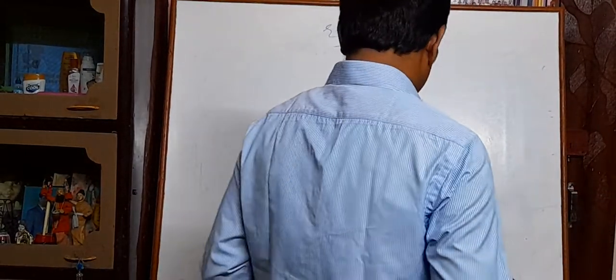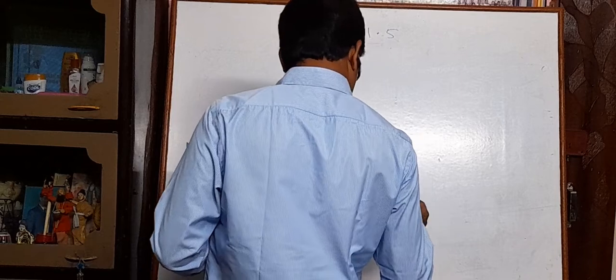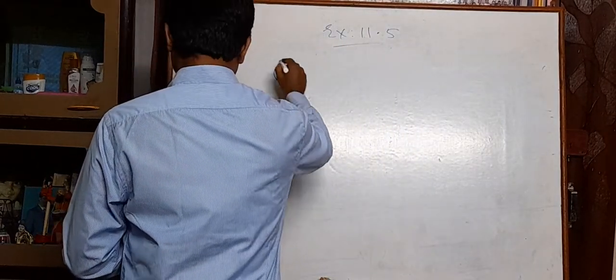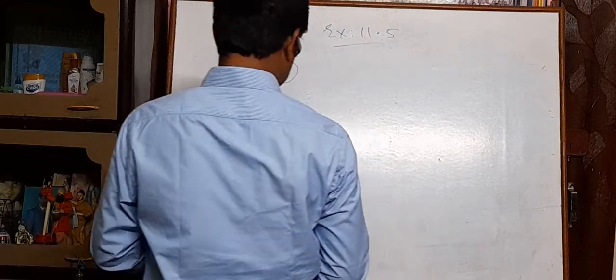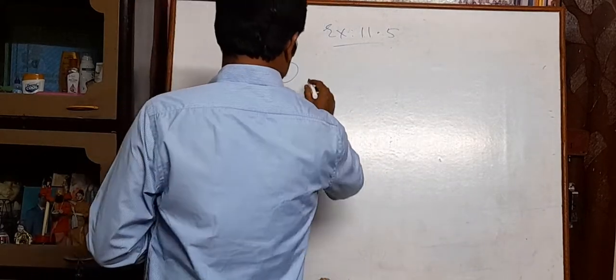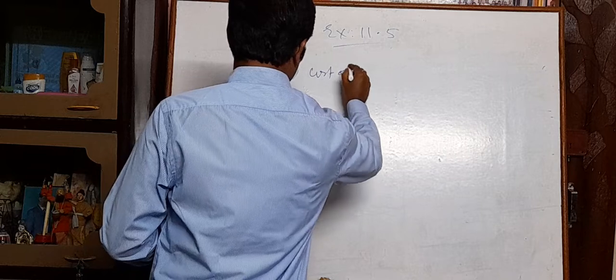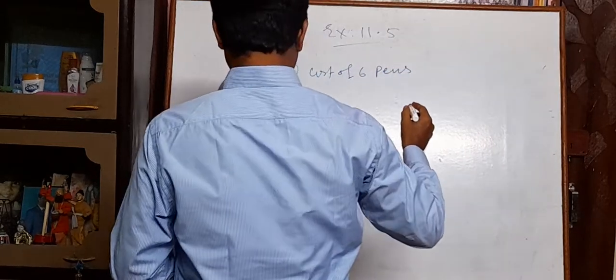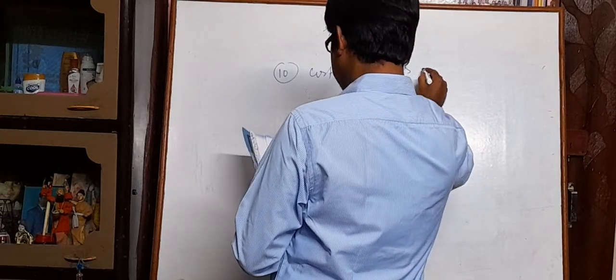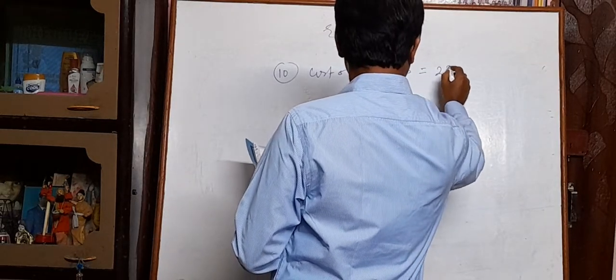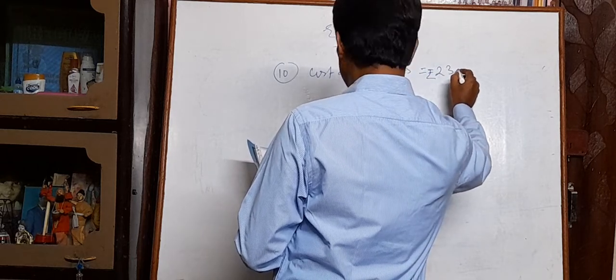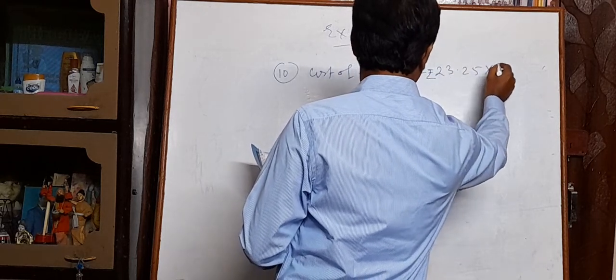So how to do it? You can directly write: cost of 6 pens is equal to rupees 23.25 into 6.